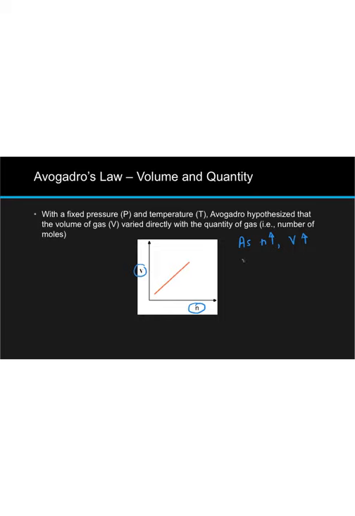Another way to put Avogadro's law is that V1 over N1 is equal to V2 over N2. This expression isn't quite as useful as either Boyle's law or Charles' law for our purposes. So I'll introduce the relationship between volume and number of moles here, but we probably won't use Avogadro's law in this form all that much.